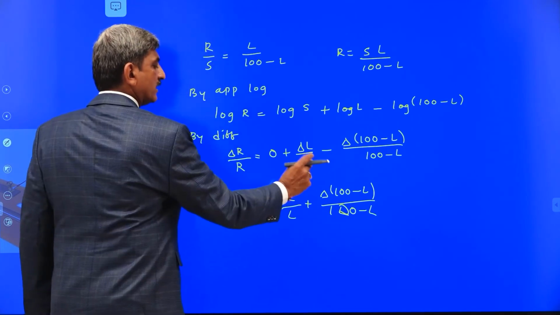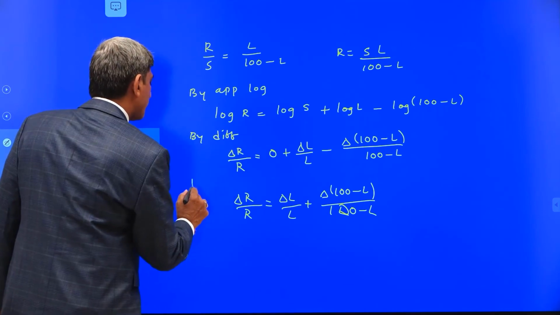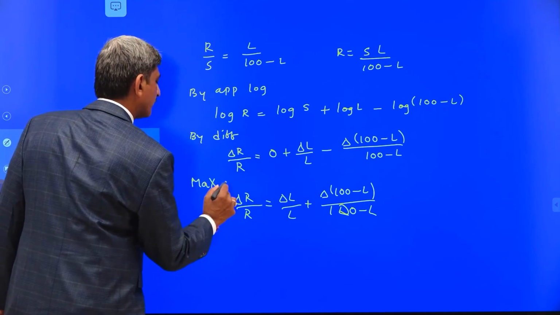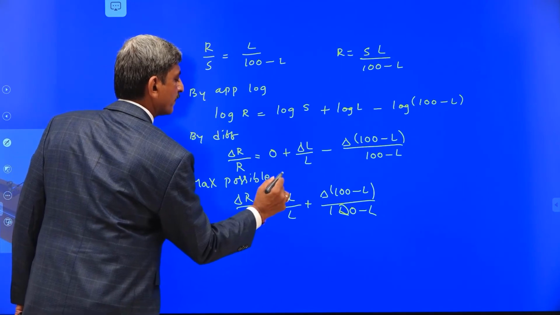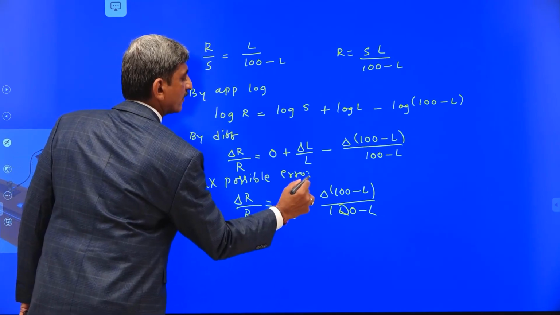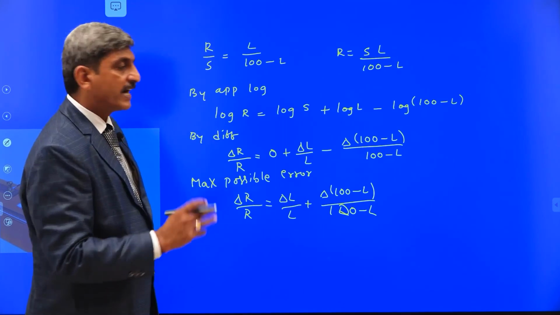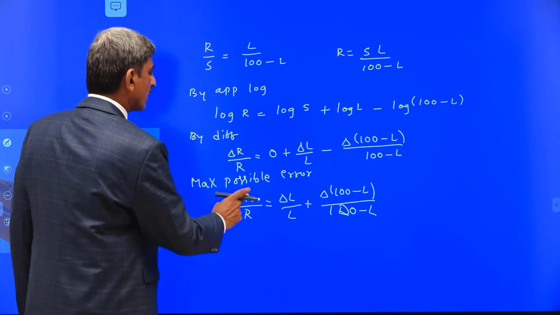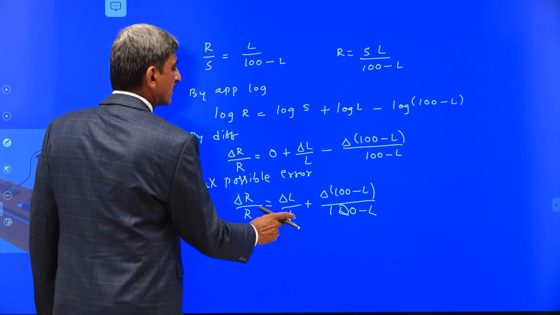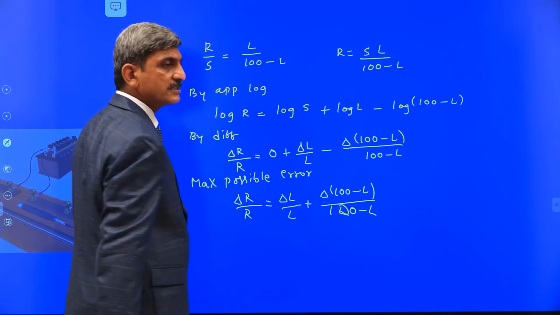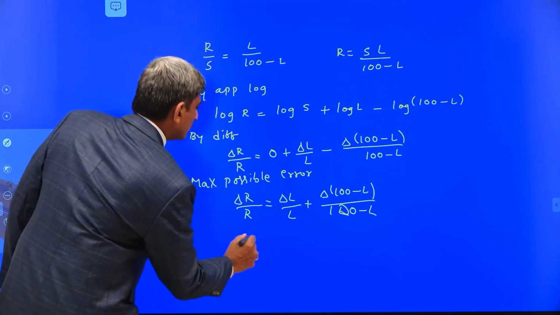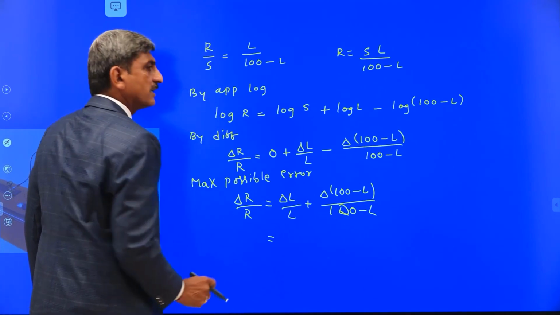To get the maximum possible error, we add the errors, so that delta R by R is equal to delta L by L plus delta (100 minus L) divided by (100 minus L). Now, what is this delta L?